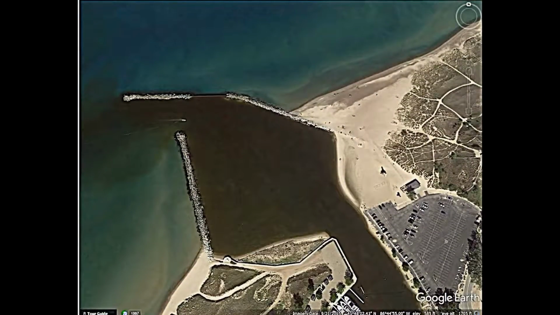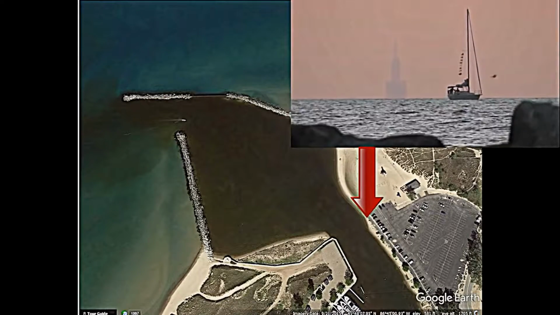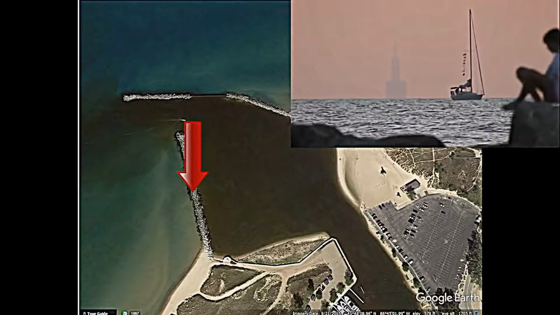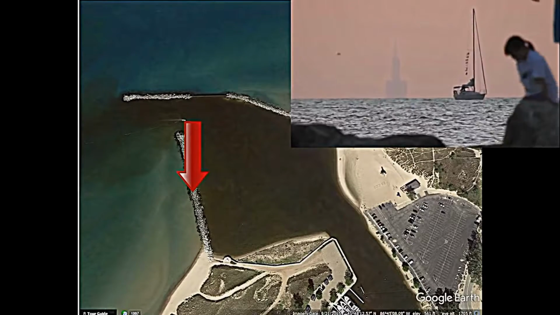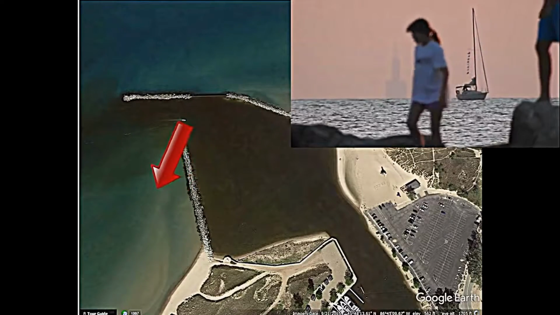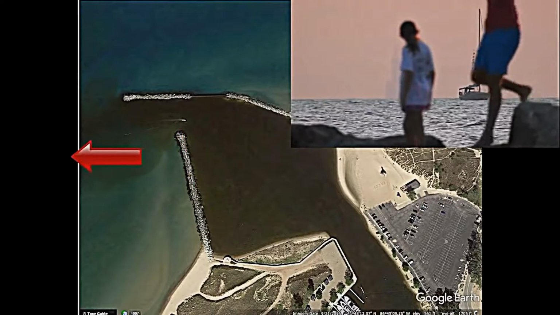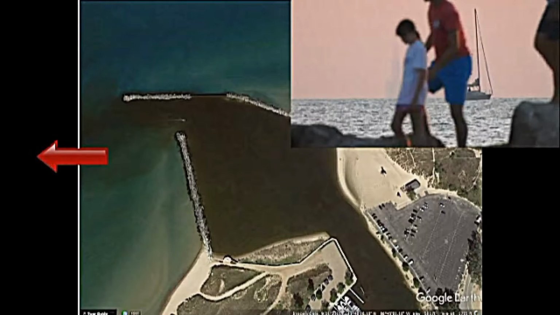I shot this image from right about here. This is where we were looking across, and this is the area right here where those people were walking. And the boat, as you could tell by the size of the people on the boat, wasn't too much further beyond that. So maybe a half mile to a mile, or at the most, I would say, away from where we were.